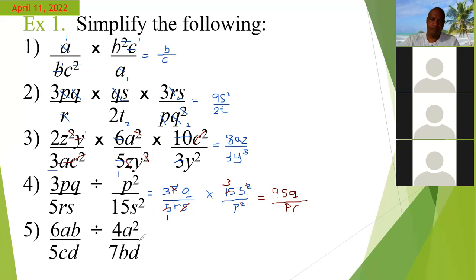All right, go ahead. 6AB over 5CD. We invert the second fraction to 7BD. So change the sign. Give me a second. So 6AB over 5CD.